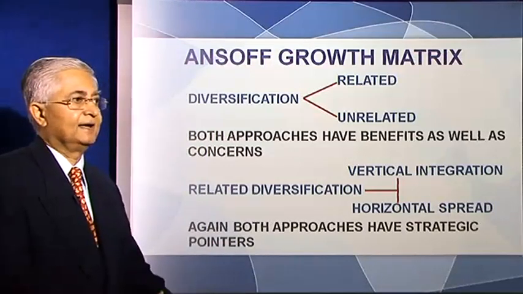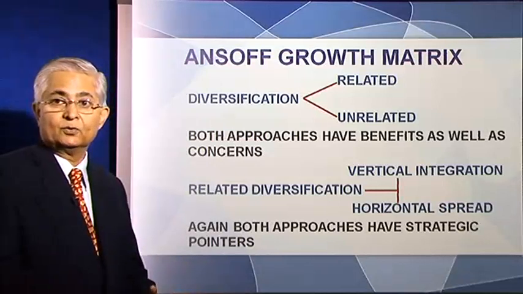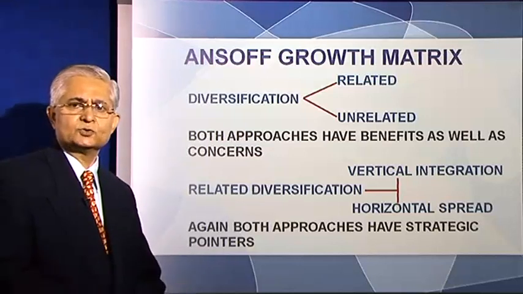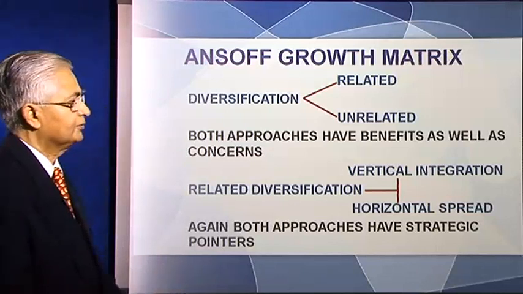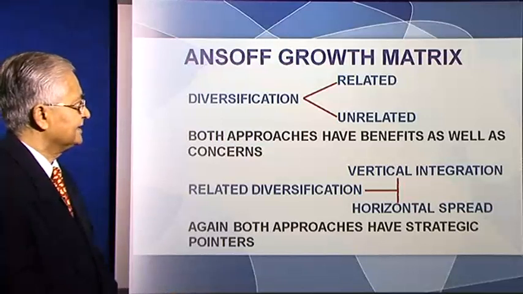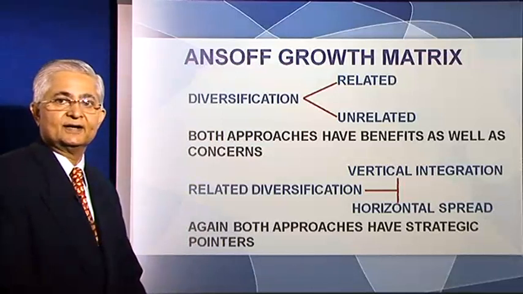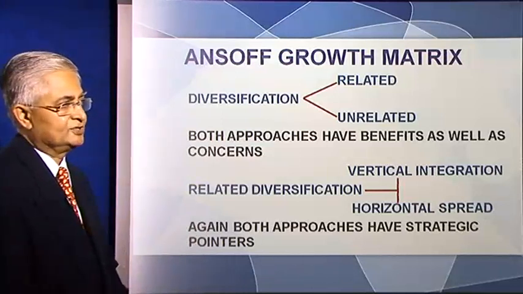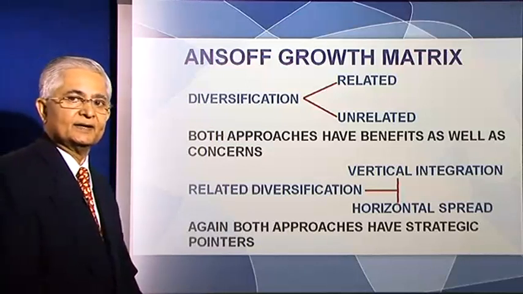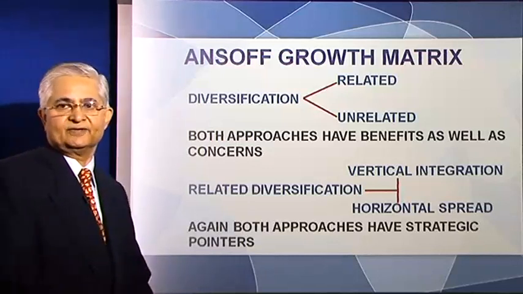ITC is in areas as distinct as hotels, tobacco, consumer products, paper, right? Each one of these is a totally different business area. Both the ITC as well as the Bajaj group are successful entities. So therefore, both these models of diversification could lead to success. The issue is only that one must be aware of the advantages and disadvantages, the benefits as well as the concerns of each.